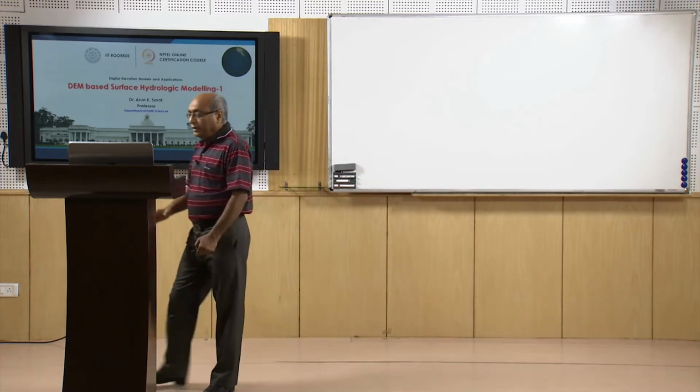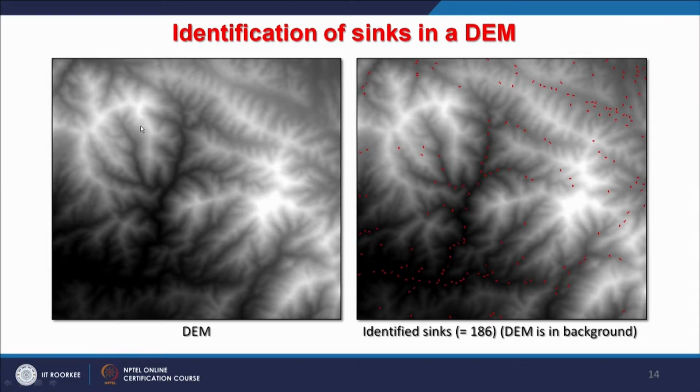The example is here that the same digital elevation model which we have been using throughout this course, the subset of that DEM is shown on the left side, and when this DEM was subjected to sink identification, this is how the sinks have been identified.